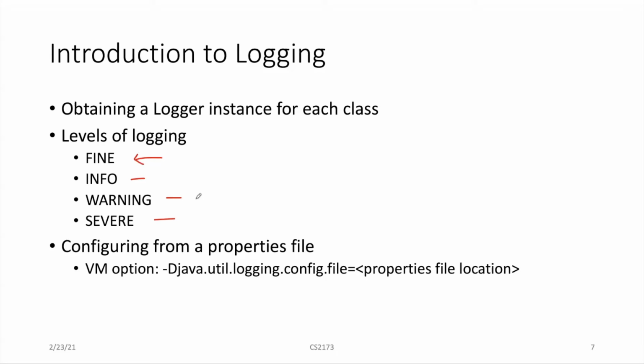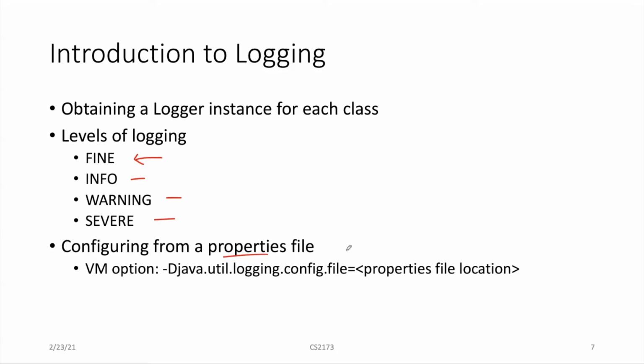comment can be made. And the reason for this is because with a configuration file, a properties file that we'll see, we can control which of these statements actually get printed. We're just going to dip our toes into this a little bit, just enough to be a little bit dangerous, but hopefully useful.